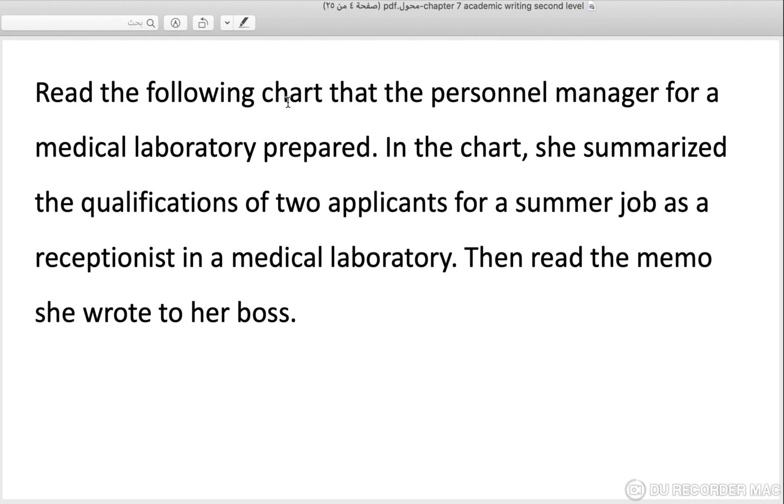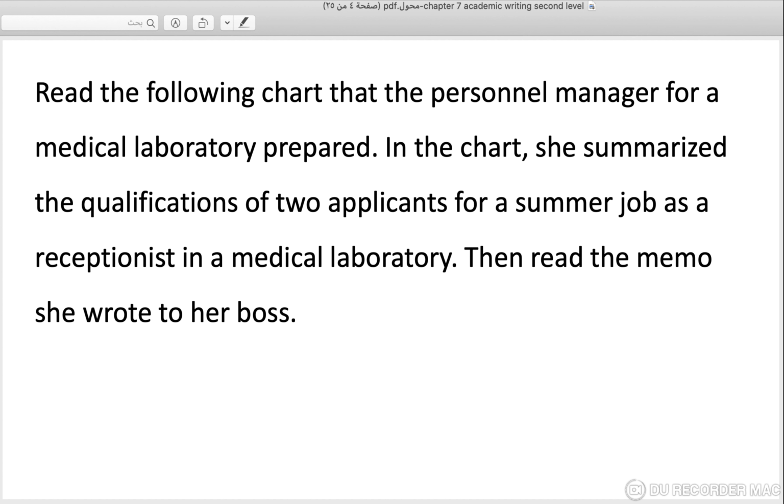فمثلا read the following chart that the personal manager for a medical laboratory prepared. In the chart, she summarized the qualifications of 2 applicants for a summer job as a receptionist in the medical laboratory.